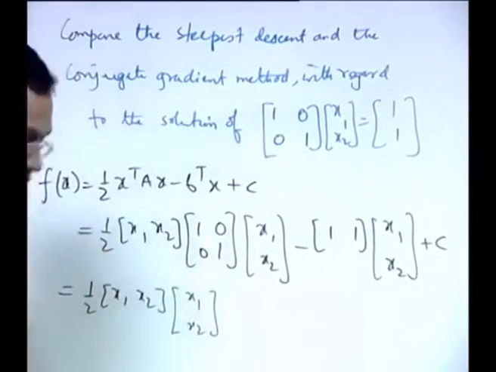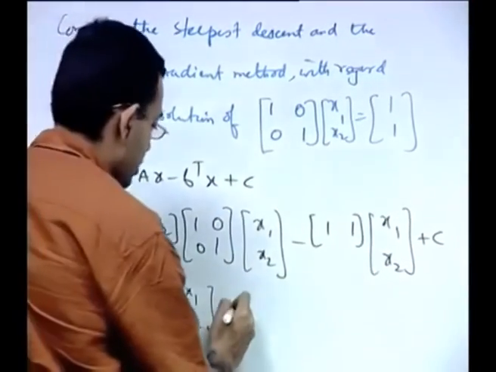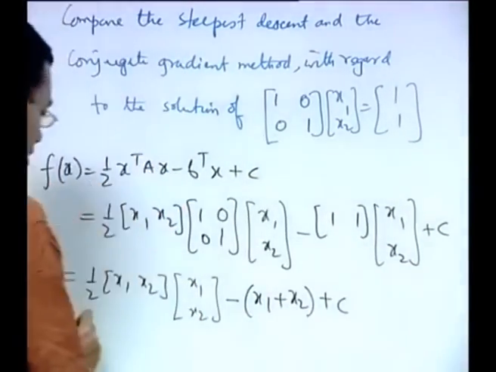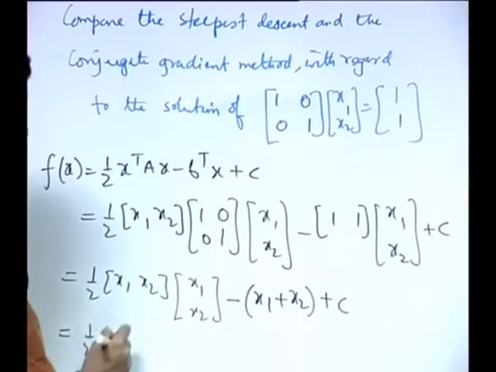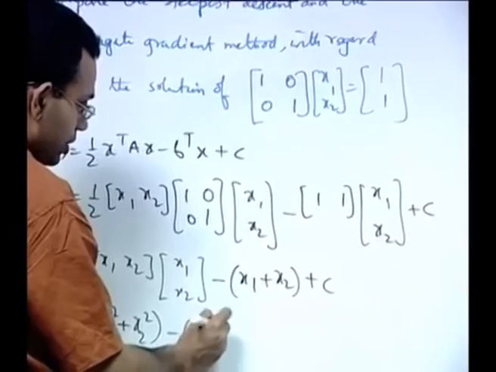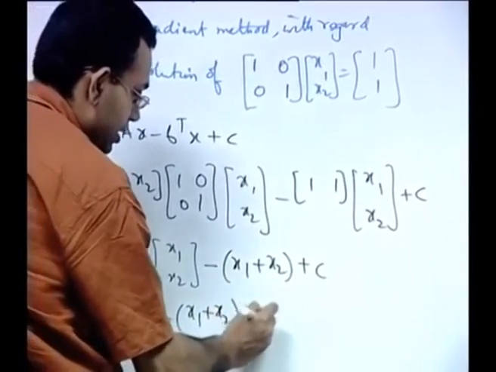This is minus x1 plus x2 plus c. So half of x1 square plus x2 square minus x1 plus x2 plus c.